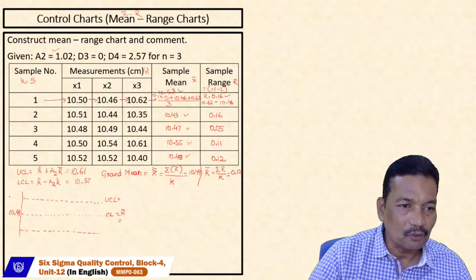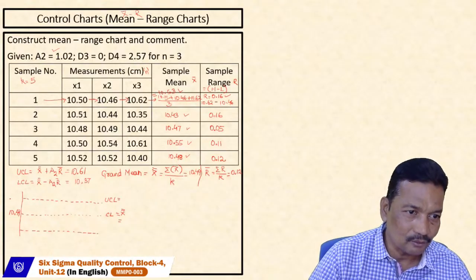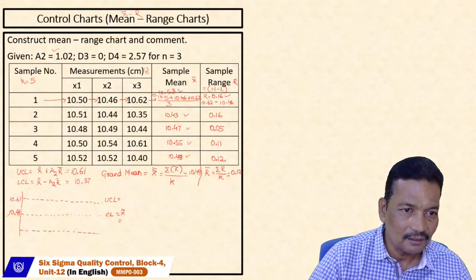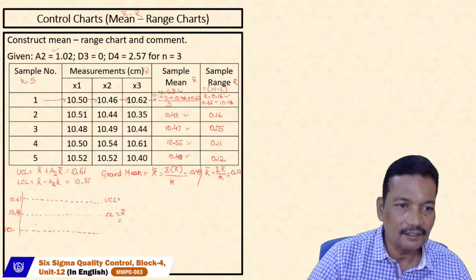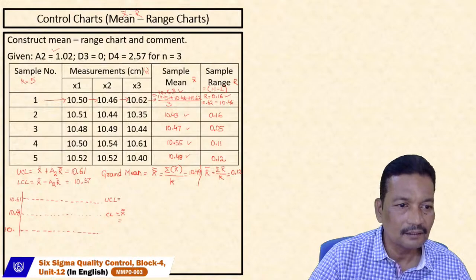So I have got all the line values. Upper control is 10.61 and lower control is 10.37.